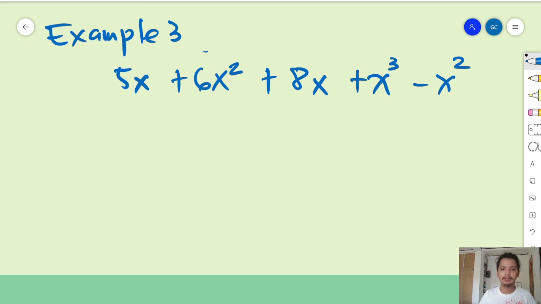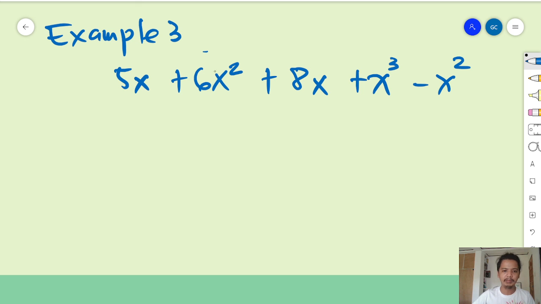So, class, pag ganito, usually kapag binigyan tayo ng ganitong equation, ang una nating iisipin ay pagsamasamahin yung mga similar terms. So, ang best na gawin kapag nire-rearrange natin yung terms para hindi tayo malito, mag-start ka sa pinakamataas na exponent.